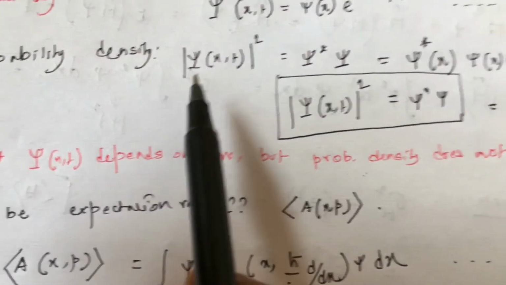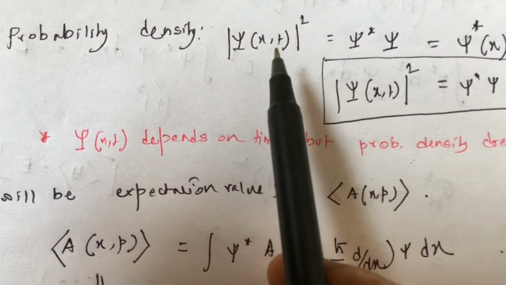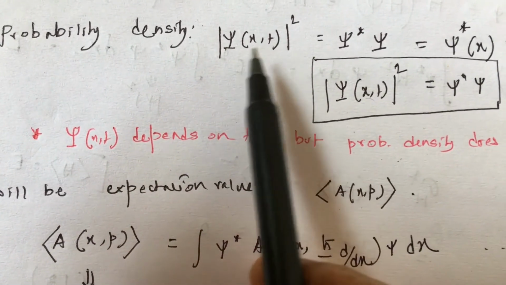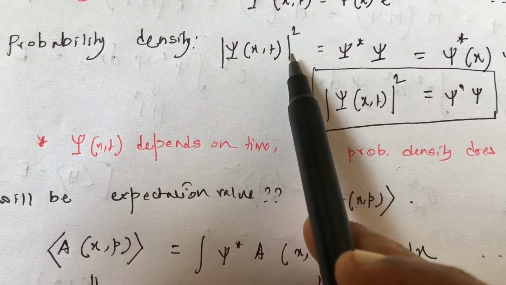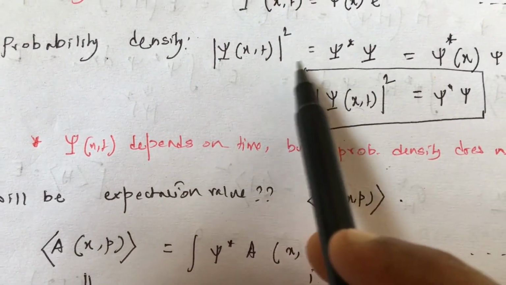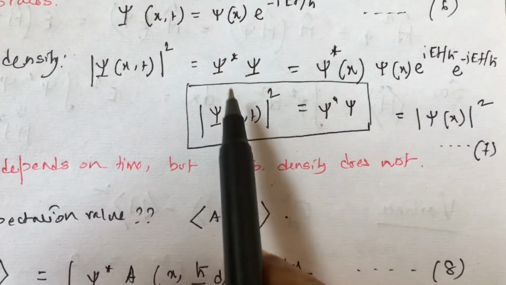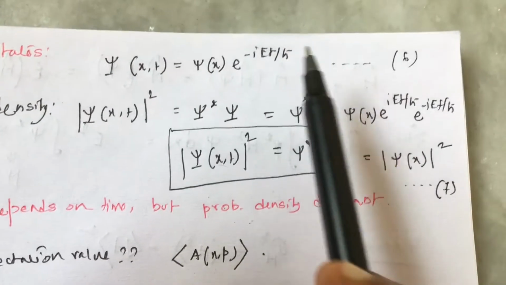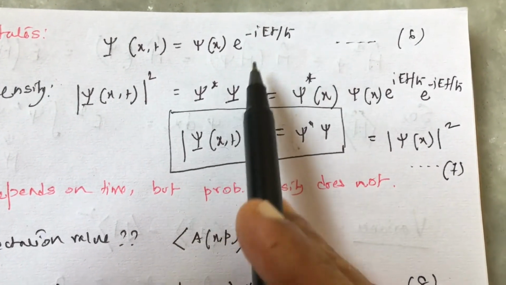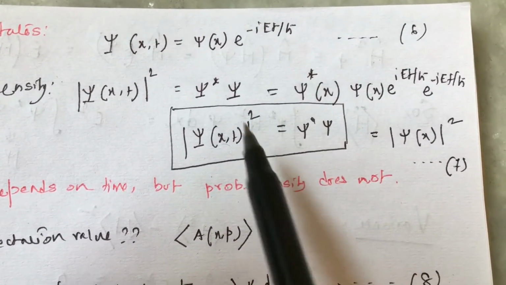Now let me define the probability density corresponding to this wave function, capital psi. Probability density is defined as this, and it can be written as psi star psi, because psi contains an i term, so it's a complex one.